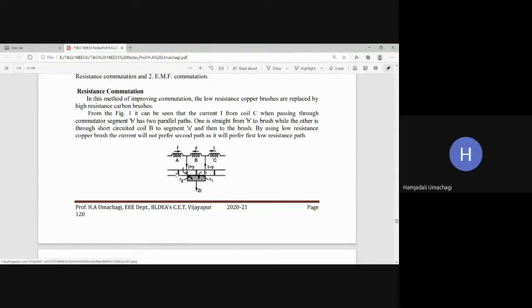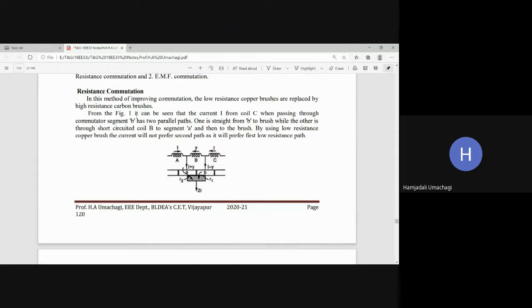Copper is a good conductor of electricity. What about carbon? High resistance, sir. Carbon is going to have high resistance, whereas copper is going to have very little resistance. Just remember this concept. So here we are using the concept of high resistance value.